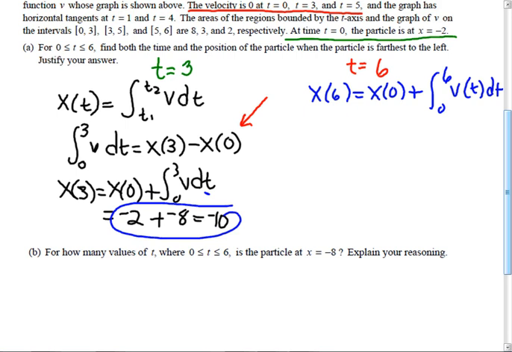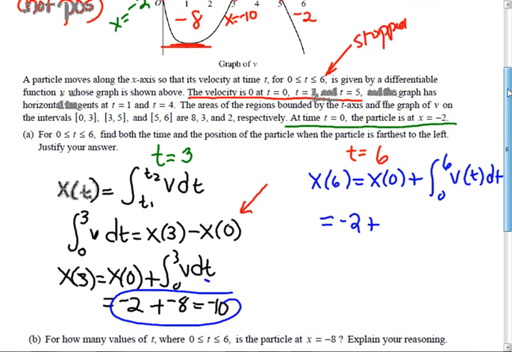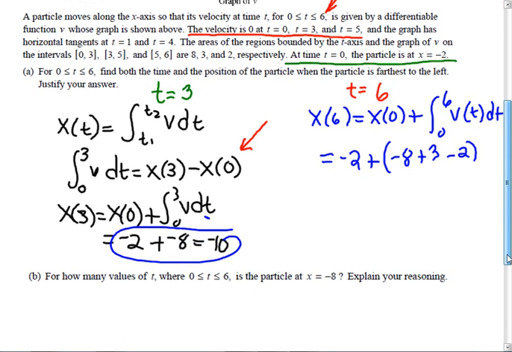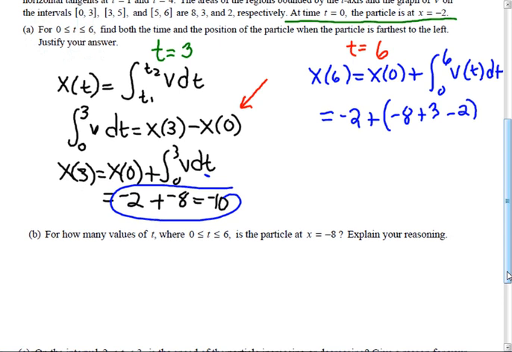and it could be. Okay, so this is going to be at negative 2 plus, and then I have to do all the area from 0 to 6. Well, that's a negative 8, a plus 3, and a minus 2. So if I add all that together, I'm going to get, well, it's negative 5 minus 2.